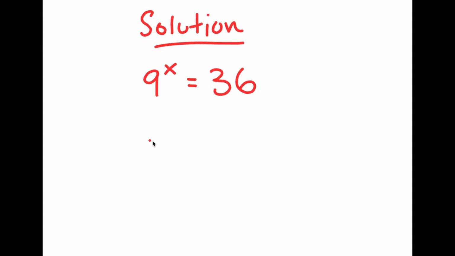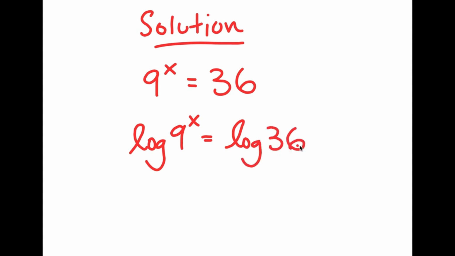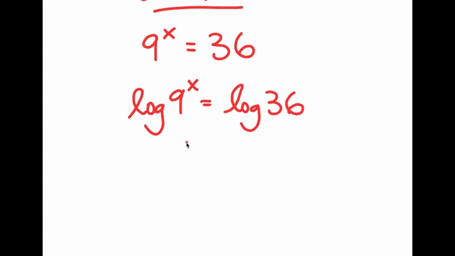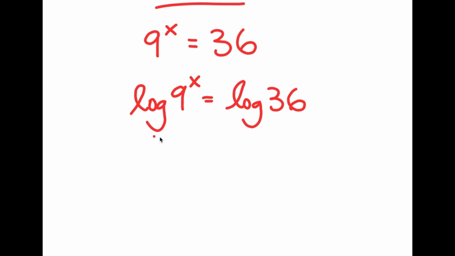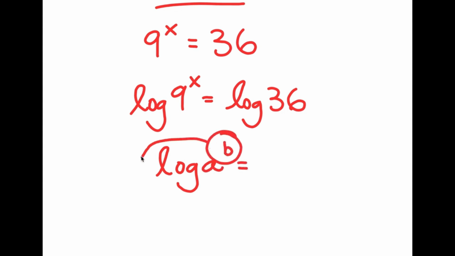And now, I'm going to take the log on both sides. So I get log 9 to the power of x is equal to log 36. And an important property of logarithms is that if I have something in the form log a to the power of b, I can move this exponent b to the front.